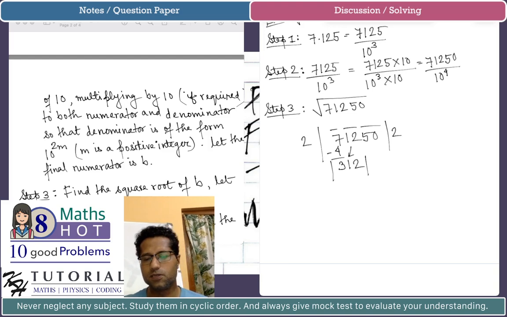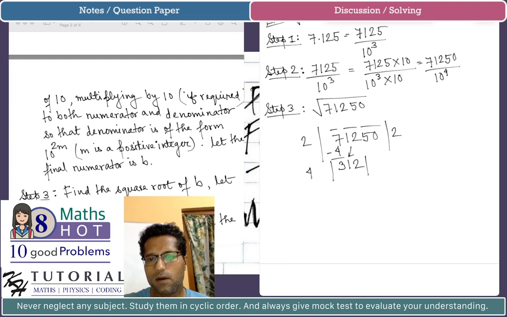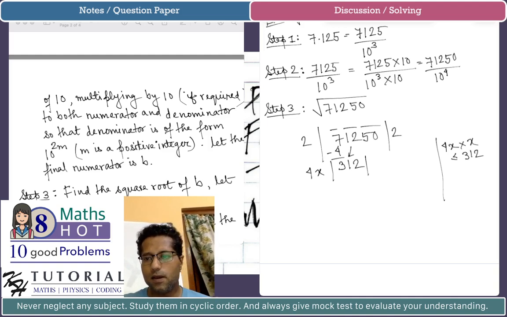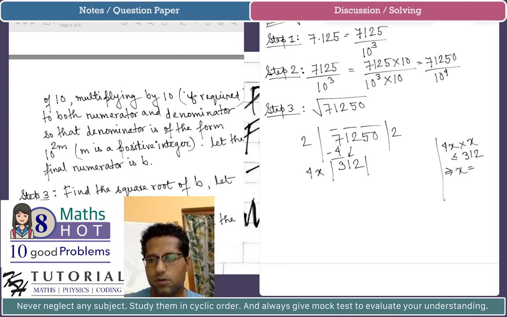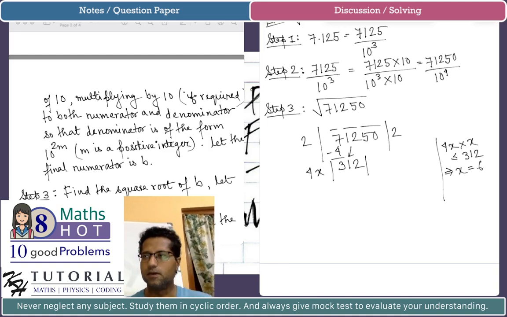The next partial divisor will be 2 into 2, that is 4. Now we have to find the digit x after 4, such that this 2-digit number 4x multiplied by x should be less than or equal to 312. x cannot be 7 because 47 multiplied by 7 exceeds 312.